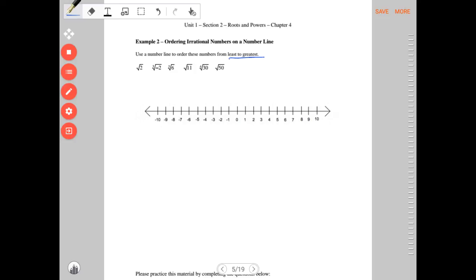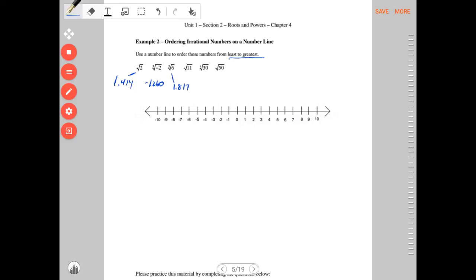It's all good. Okay, and all we're going to do here is type these into our calculator and get a decimal approximation. Okay, so root 2 is 1.414. Cube root of -2 is -1.260-ish. Okay, cube root of 6 is 1.817.